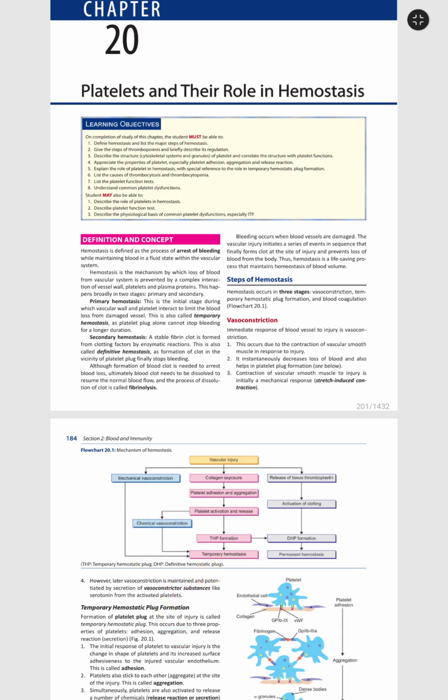Now primary hemostasis is the initial stage during which the vascular wall and platelets interact to limit bleeding. This is called temporary hemostasis. A platelet plug is formed. Secondary hemostasis forms a stable fibrin clot to form definitive hemostasis.